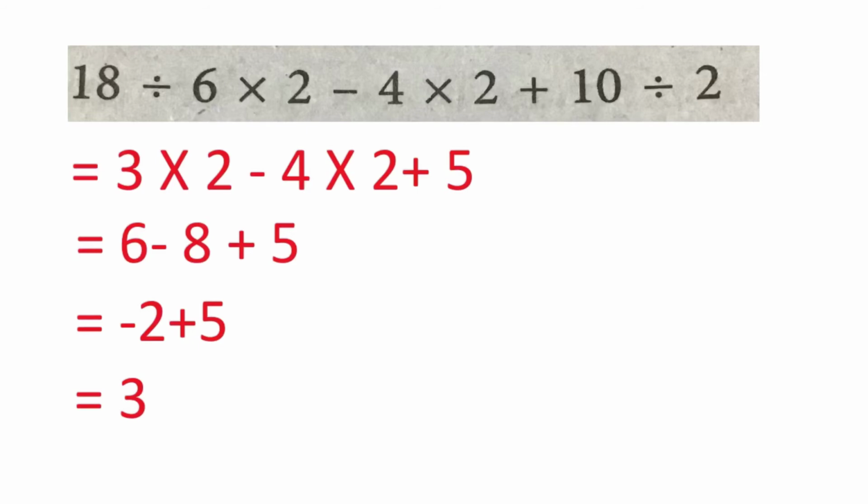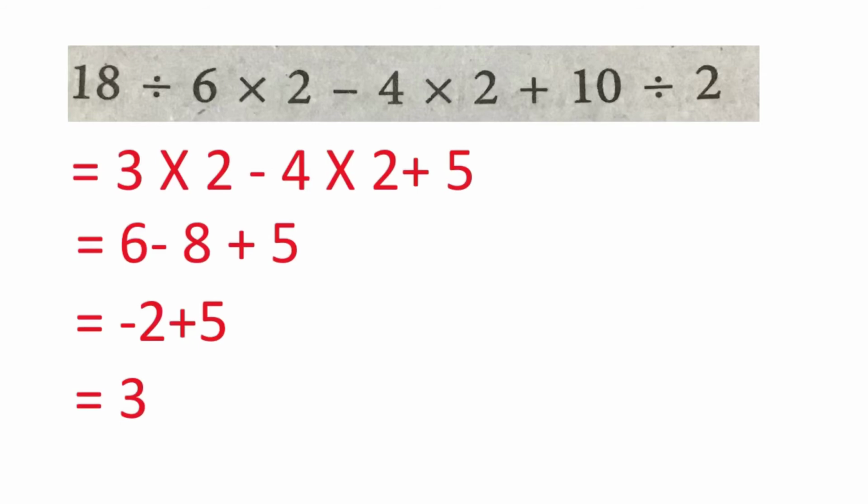From left to right order, I see division first. So we will do division in the first line. Our first division is 18 divided by 6, which is 3. And our second division is 10 divided by 2, which is 5.